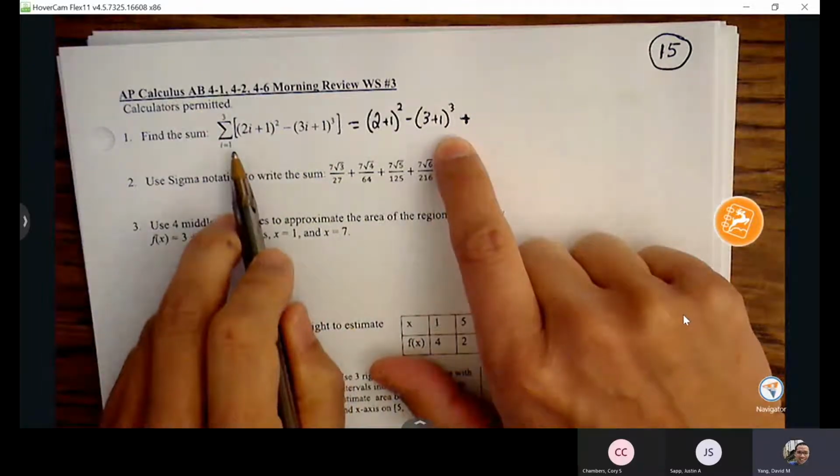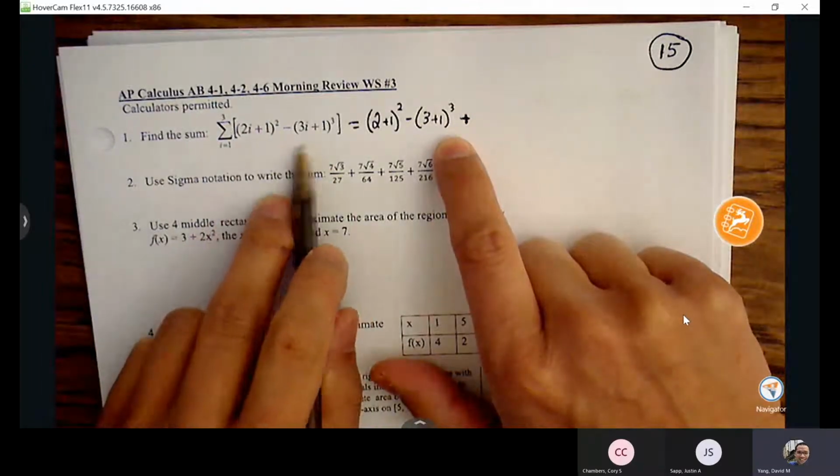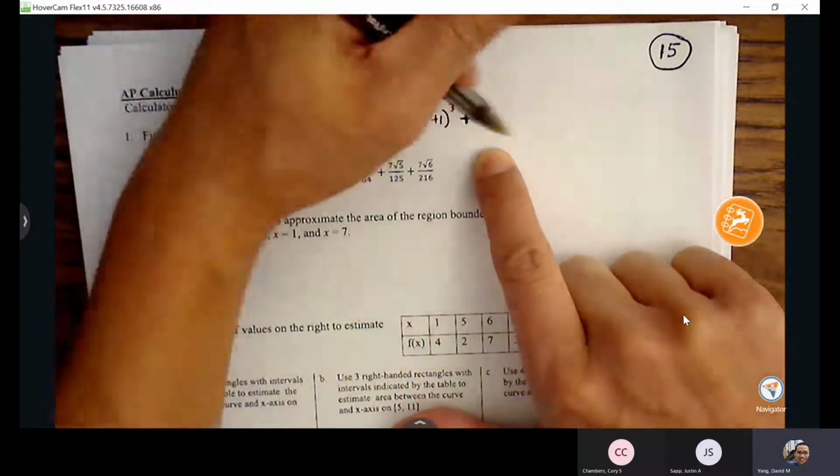Okay, so 1 gets inserted in for I first. Next up, 2.